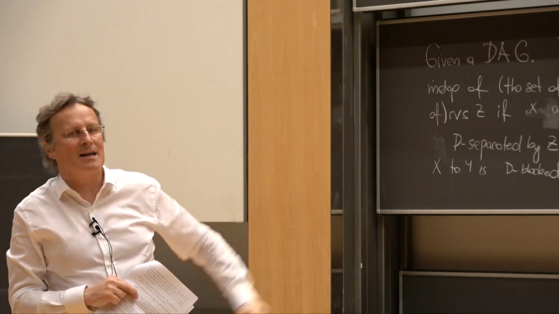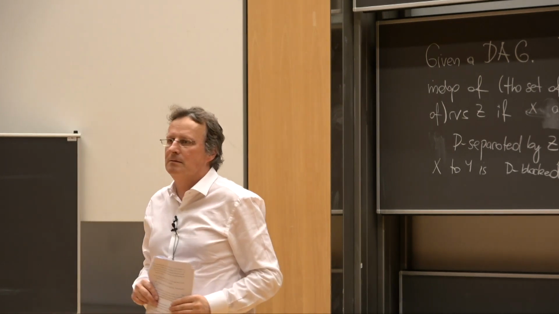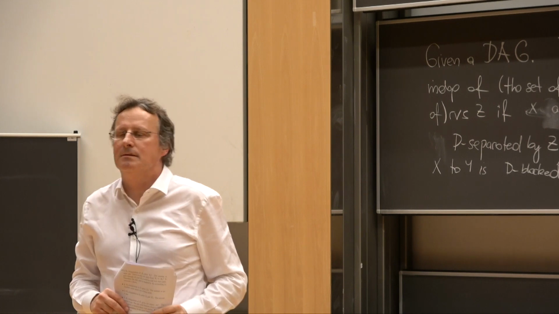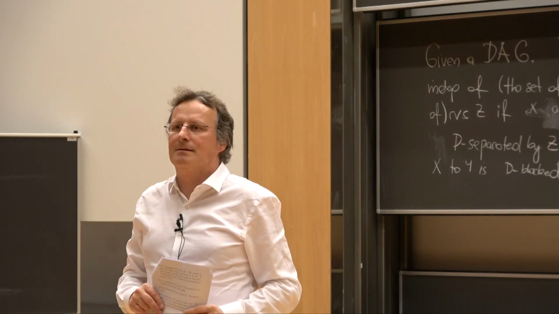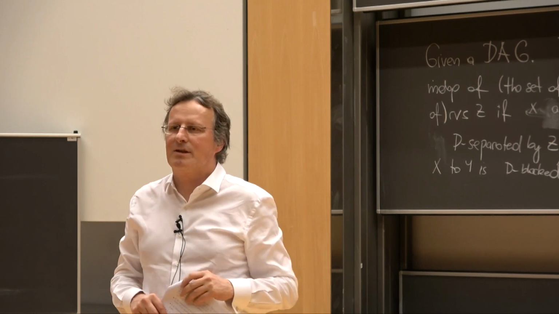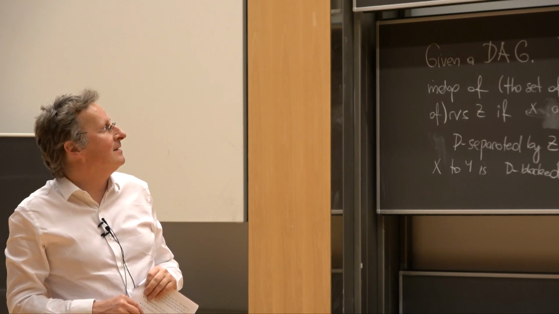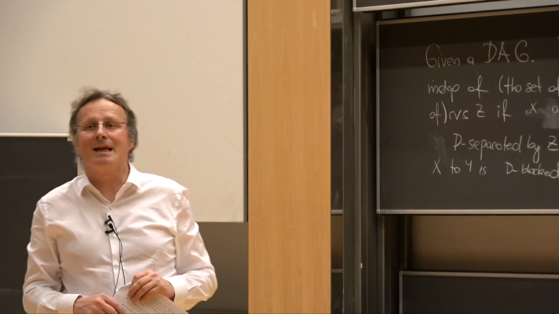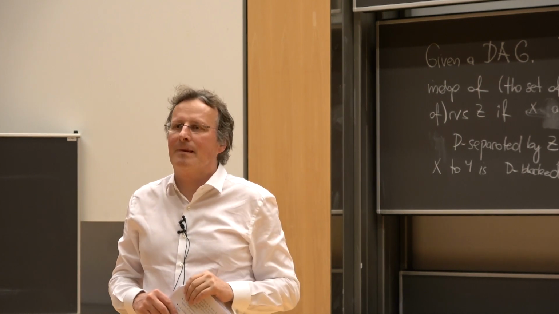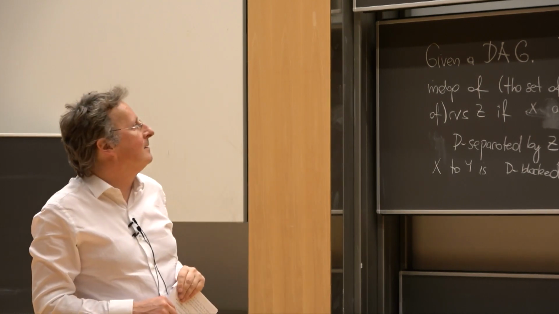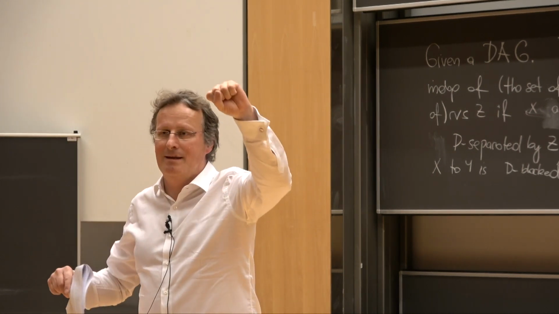So how many paths are there between x1 and x3? What do you say? 2. What are the paths? x1 to x2, x2 to x3. But no, just between x1 and x3.